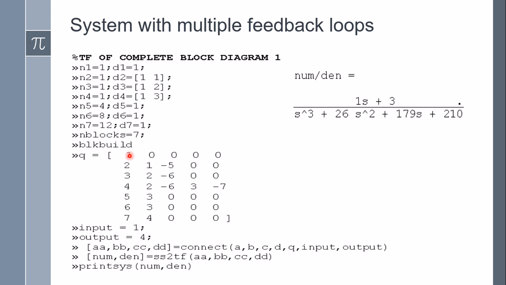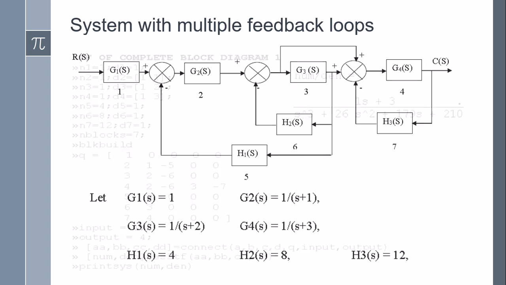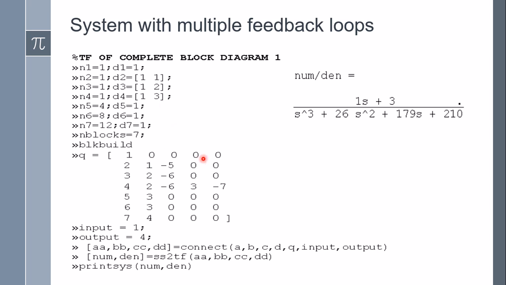For the first block, all the entries are 0, which means it is not receiving input from any other block. For the first system the input is from the external world, the global input for the entire system, and it is not receiving signals from any other blocks. That is why all the entries are 0.